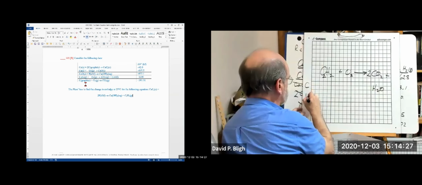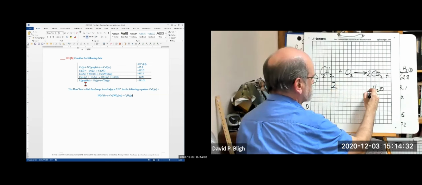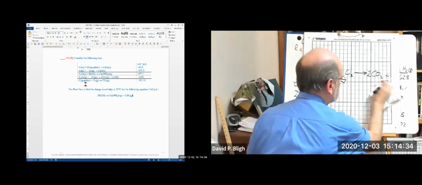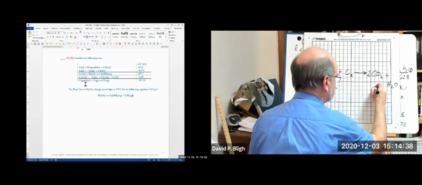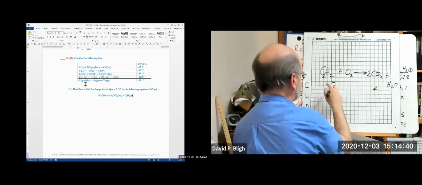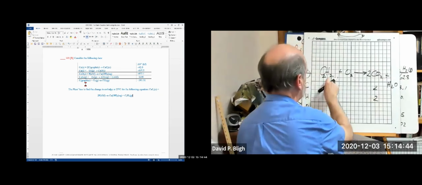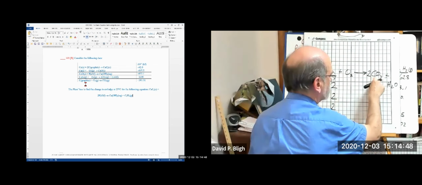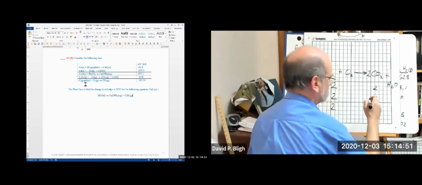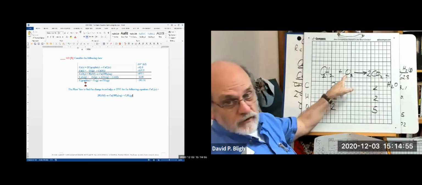Carbon, hydrogen, oxygen. 2 carbons, 2 carbons. Hydrogens, 2 hydrogens, 2 hydrogens. 2 oxygens, 4, 5 oxygens. All right. So how do we get 5 oxygens over here?